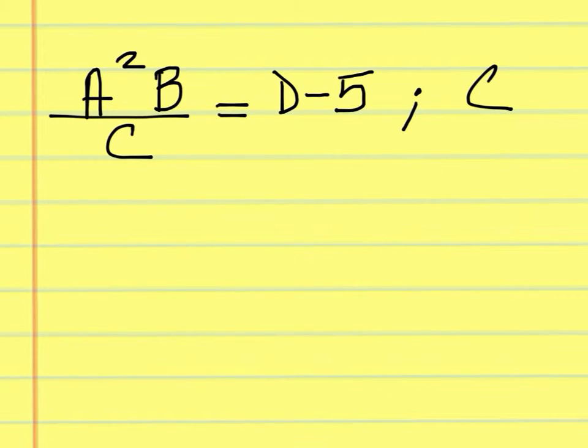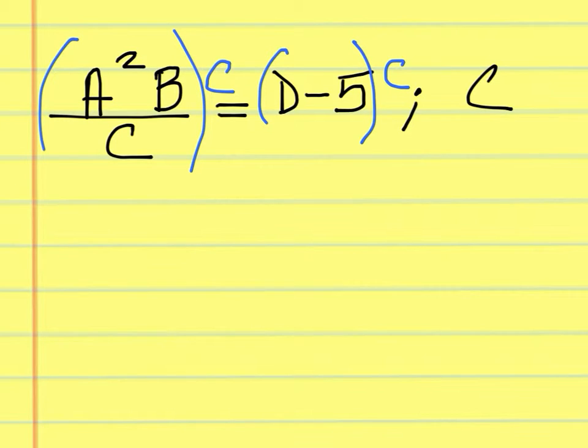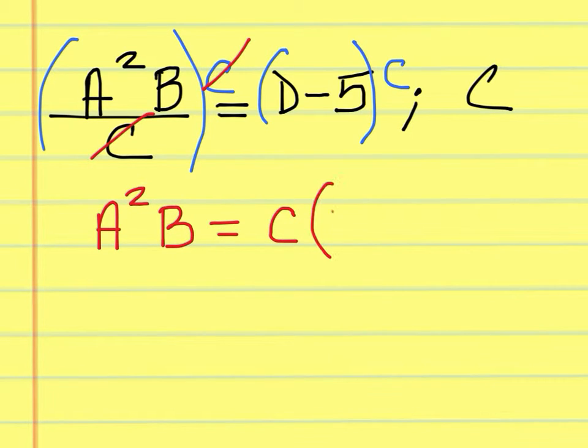We must get C by itself. And to get C off of the bottom of that fraction, you would have to multiply this side by C and this side by C. When you do that, the C's cancel there and you're left with A squared B equals C times the quantity D minus 5.